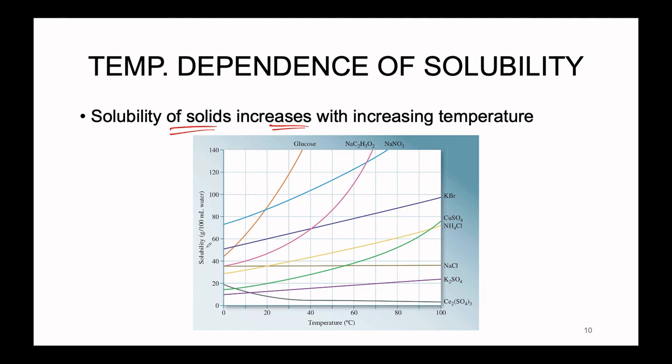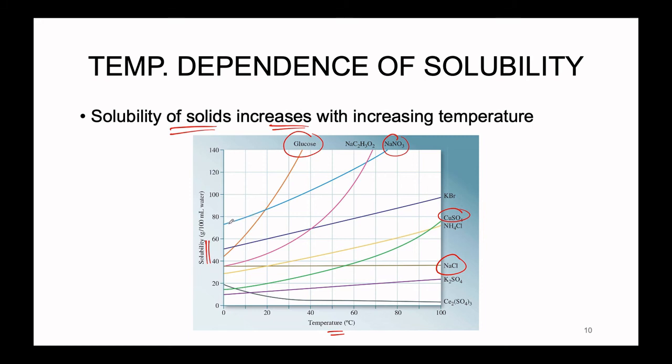On the y-axis, we have solubility in grams per 100 milliliters of water. And on the x-axis, we have temperature. And for nearly every single one of these materials, every single one of these solids, whether it be glucose, sodium nitrate, copper sulfate, sodium chloride, we can see that there is a positive correlation here.